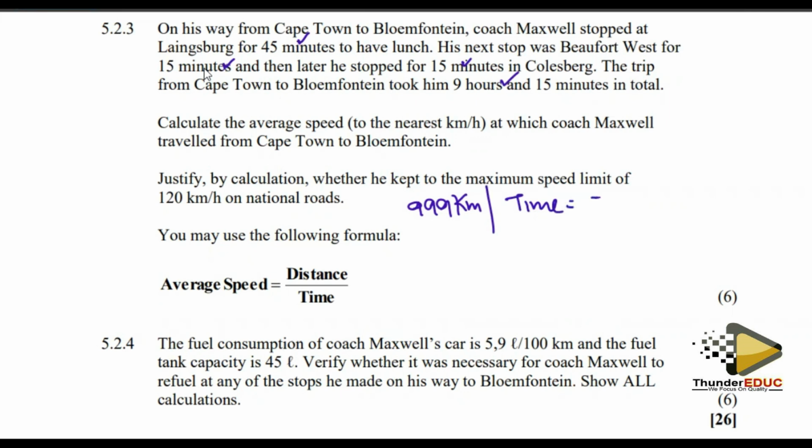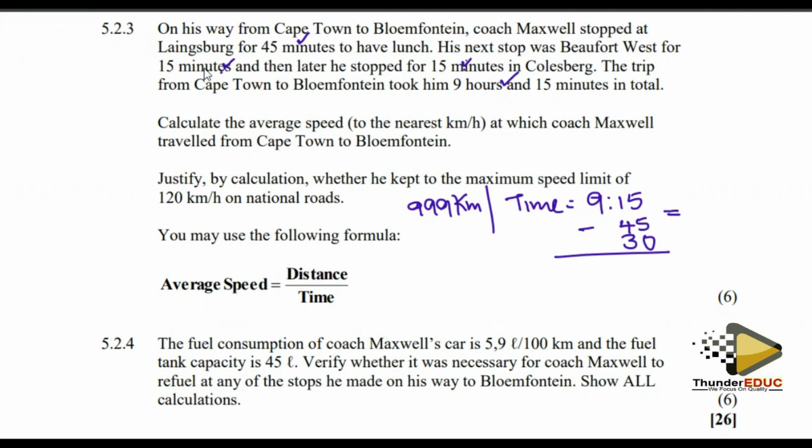If he took 9 hours, 15 minutes to cover the whole trip, we have to subtract the 45 minutes he was not traveling. The other 30 minutes, the 15 and the 15, he was not traveling also. We need to subtract this. Altogether this is 1 hour and 15 minutes. It has to go off from here.